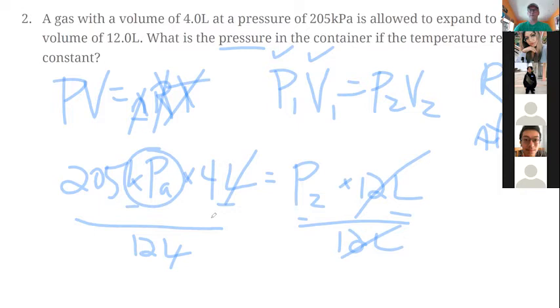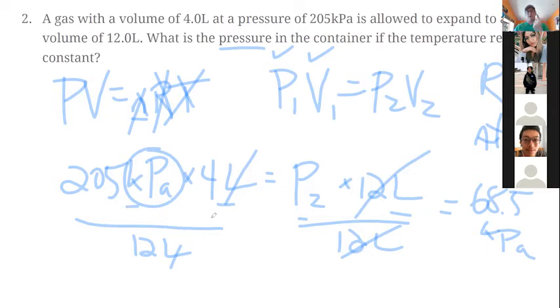So what will P2 be equal to? 68.5 kPa. 68.5 kilopascals.